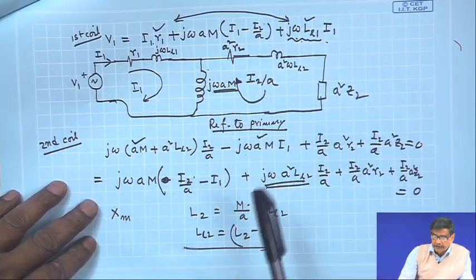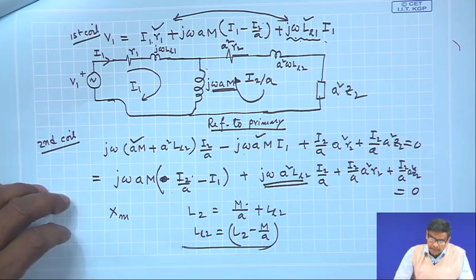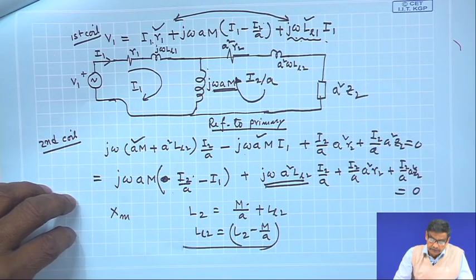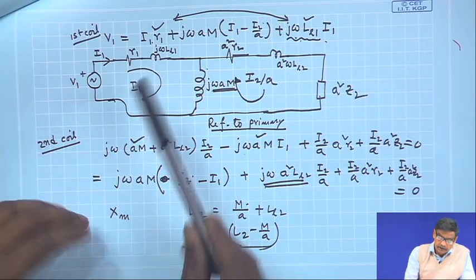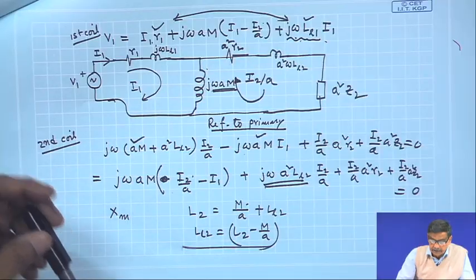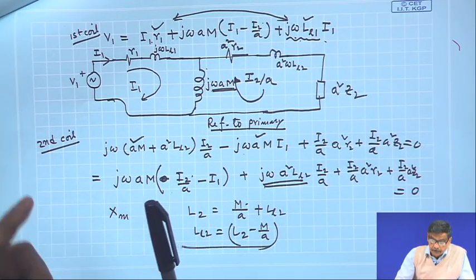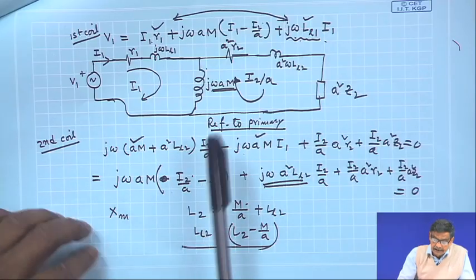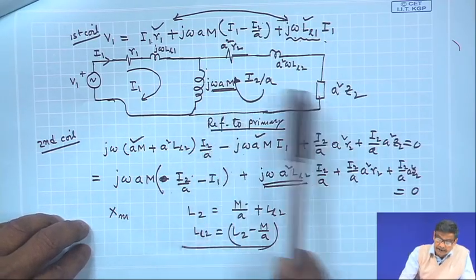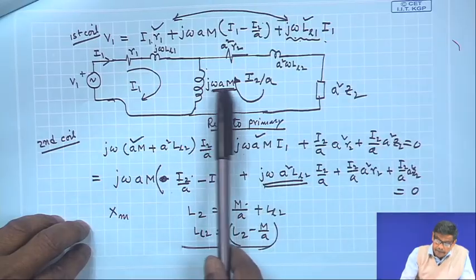Is it not the same equivalent circuit we got from physical considerations of a transformer? See, R1, and this is the leakage reactance, and this is the mutual inductance, which we denote by Xm. But in terms of M, it is a into M, where a is the turns ratio N1 by N2.